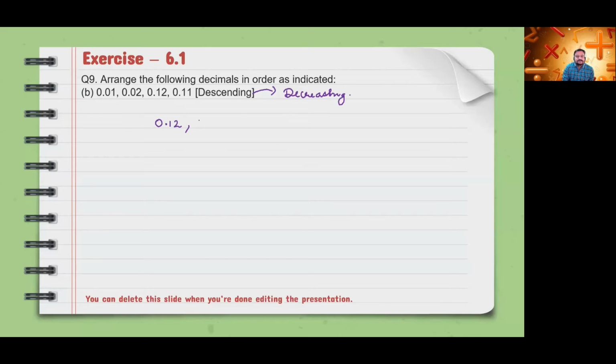Next, 0.11. Then 0.02. Then 0.01. As these were like decimals, we directly compared the numbers and got the answer. Okay, correct.